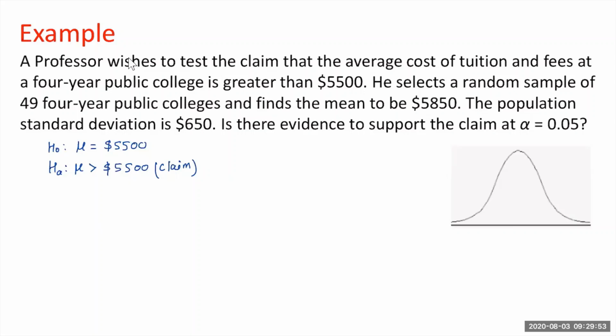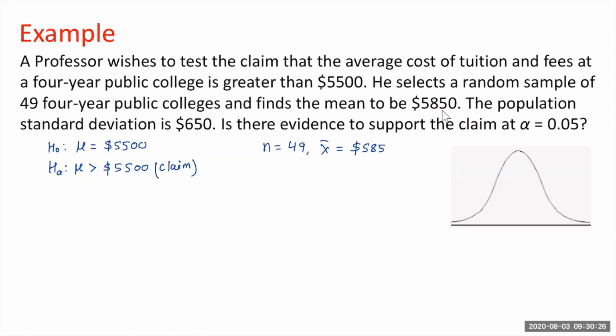There is some additional information in the question. In order to test this claim, the professor selects a sample of 49 public colleges, so n equals 49. The average of those 49 colleges is 5,850.